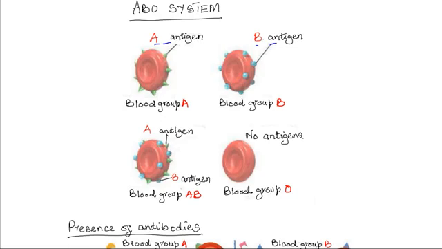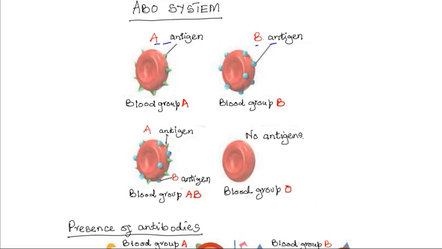Blood groups are determined by the types of the antigen present in an individual's red blood cell. Thus, an individual whose red blood cells have A antigen is grouped as blood group A.